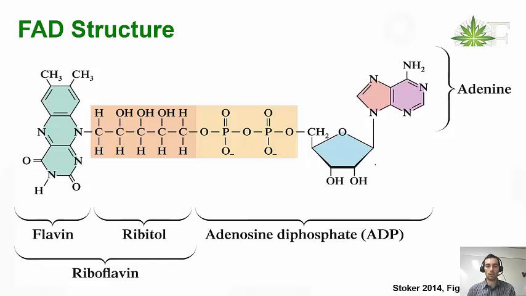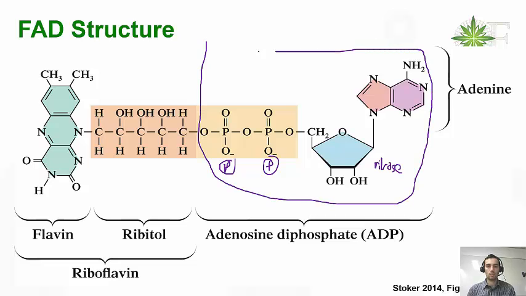We're then linking that to our ribose sugar, and linked to that ribose sugar are our 2-phosphate groups. So all of these structures together, which we see down here, is our adenine diphosphate. So we've got our two phosphates connected to the sugar and the nitrogen containing base. So this is our ADP.